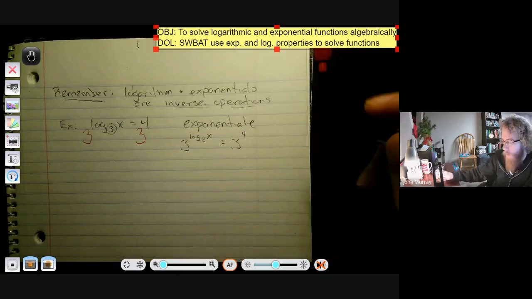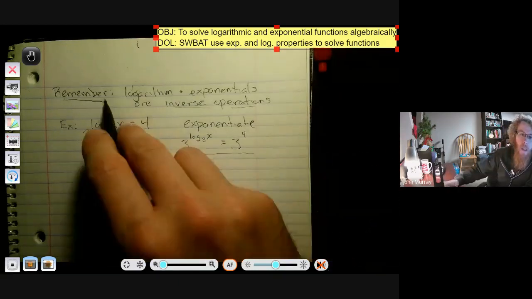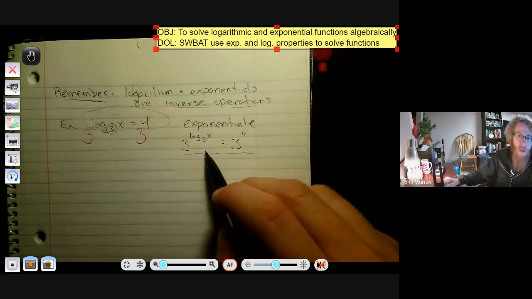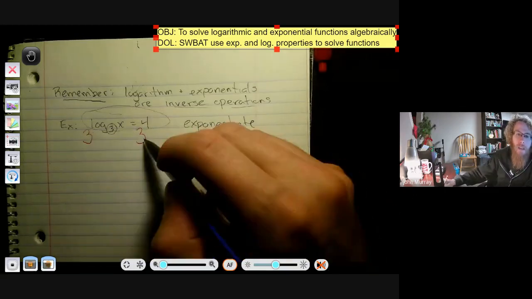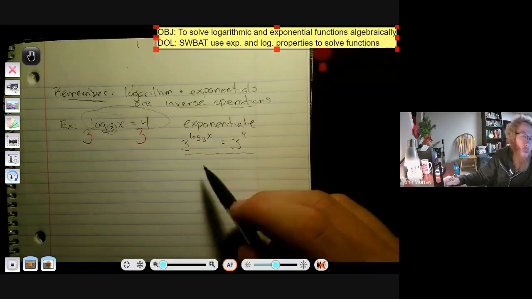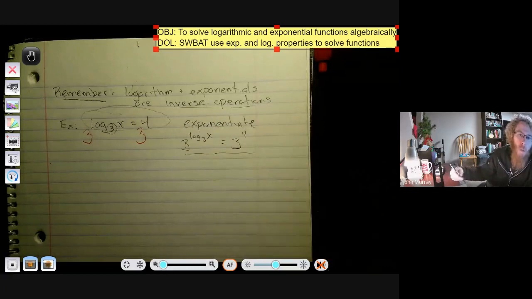And we know that this has to be true because this is true. I could have picked any base and this would still be true. I could have picked e. I could make this e to the log base 3 of x equals e to the 4th. It wouldn't help me solve anything, but it would be true because of our one-to-one property.